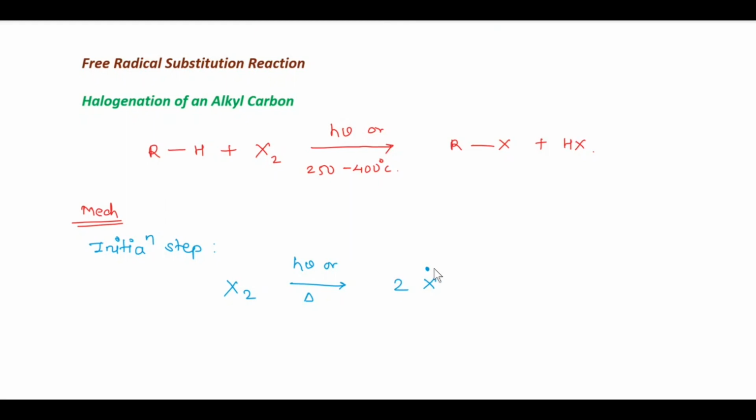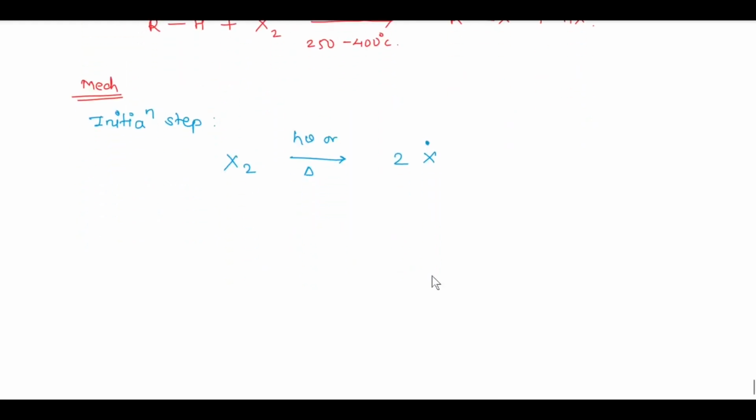The next step is the propagation step. In the propagation step, the alkane reacts with this free radical and we get a new radical. Here we get R radical plus HX.